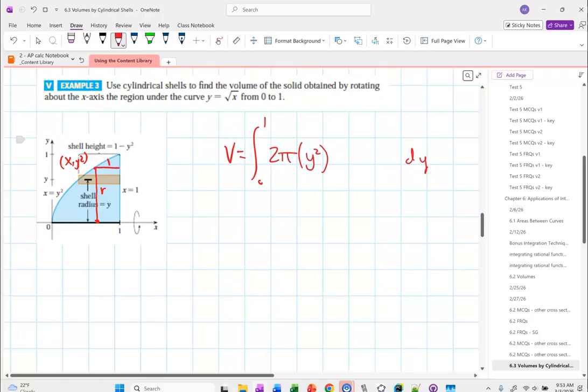Now this distance is going to be like my height. So it's going to be from inside the shaded region. So my cylinders are coming out this way, right? Can you see it or no?